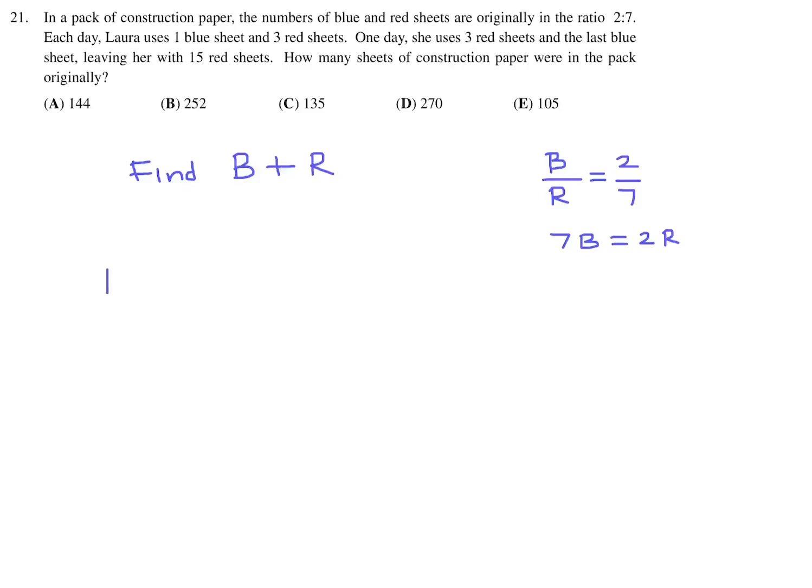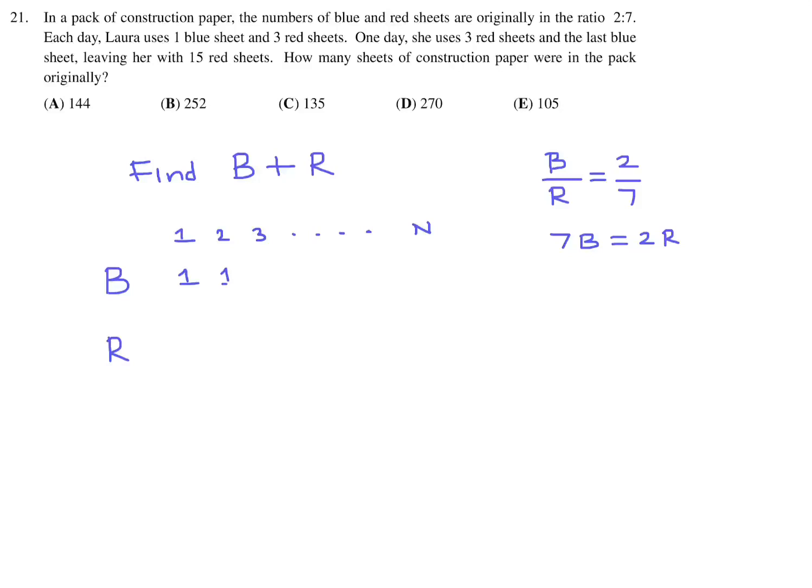So initially we've got a certain number of blue sheets represented by B and a certain number of red sheets represented by R. And then we've got the first day, the second day, third day, and then at the end we get to the last day, which I'll call N. I don't know how many days there are. And then every day she uses 1 blue sheet.